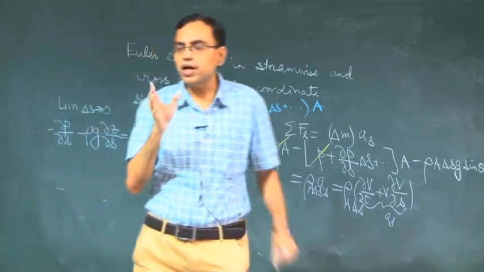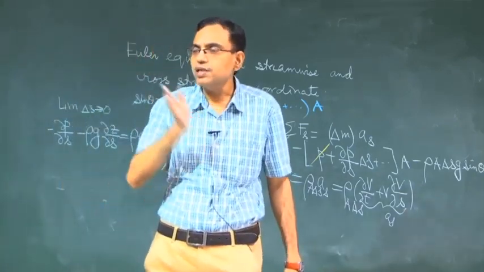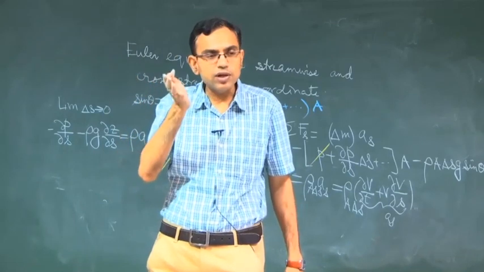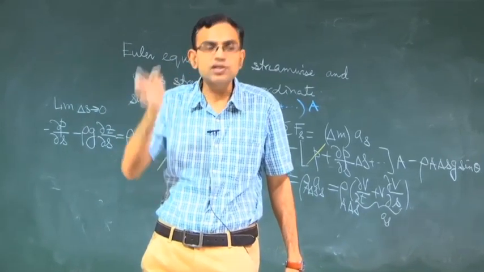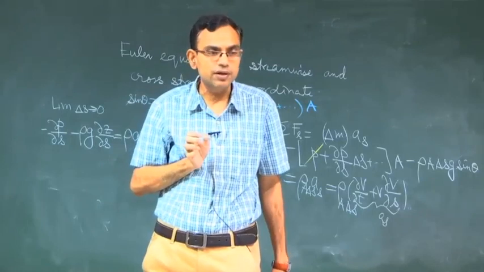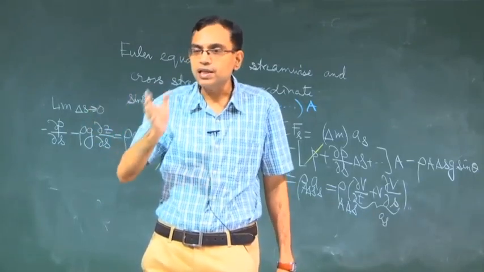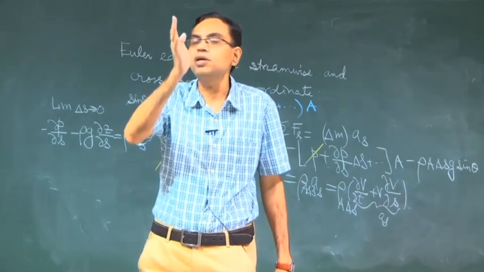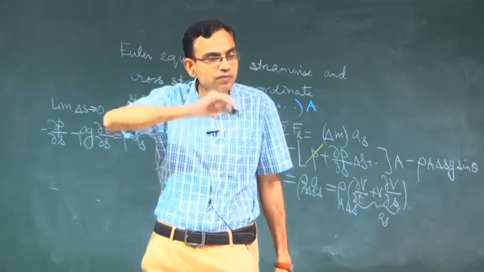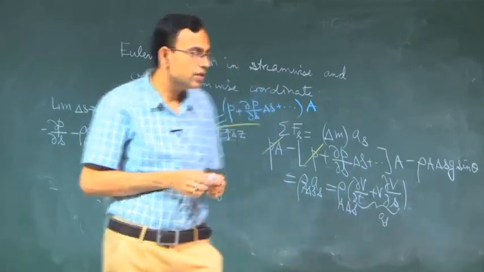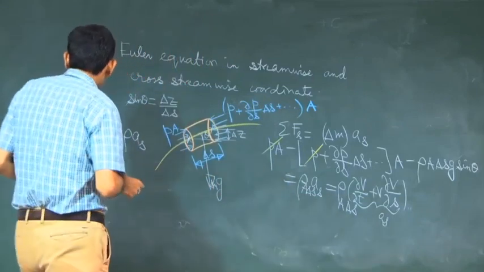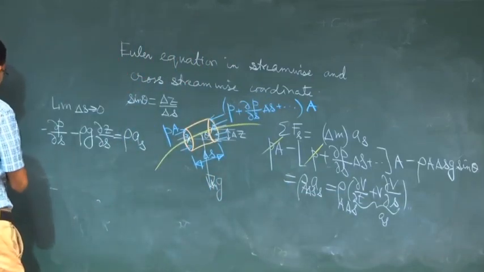Surprisingly, although the velocity is along the streamline, the Euler's equation in the cross streamwise direction will also be relevant, because although the velocity is along the streamline, there is an acceleration which is normal to the streamline, and this is because of the curvature of the streamline. So, this is the S component of the equation.